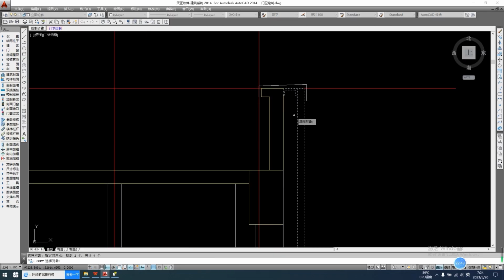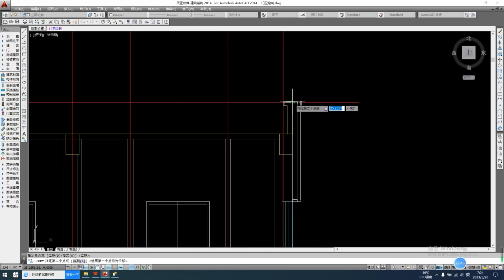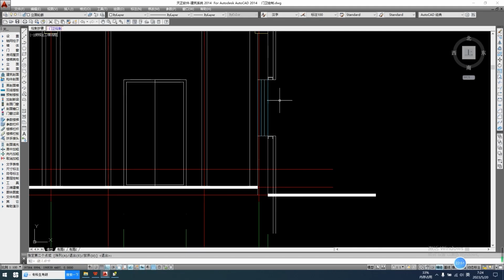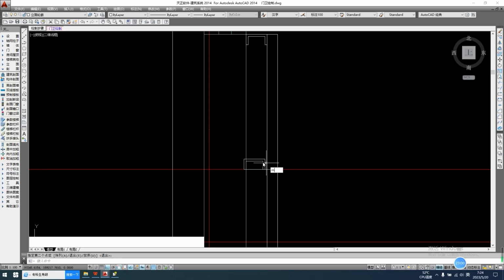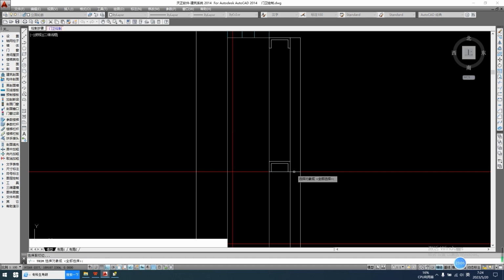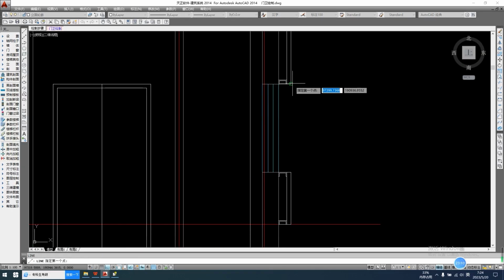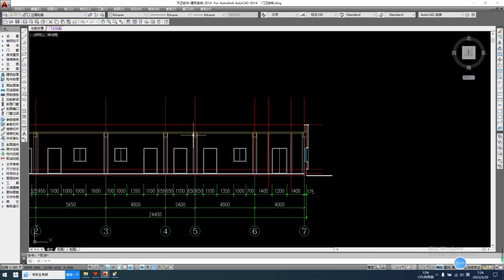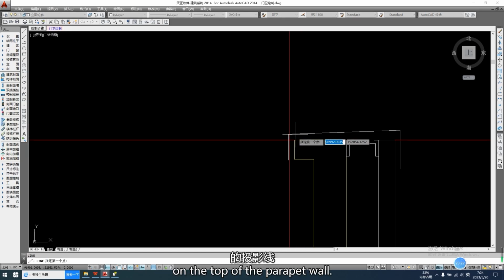Copy it down. Draw the projection line on the top of the parapet wall.